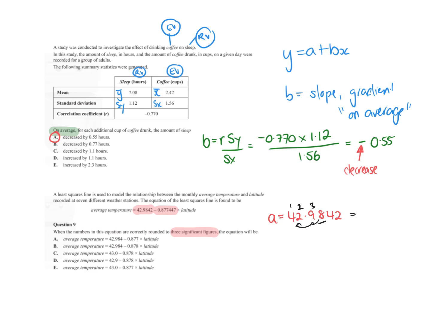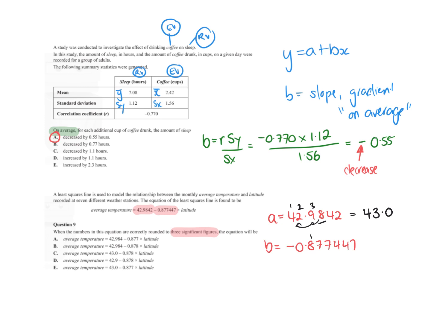So 3 significant figures is actually going to be 43.0. And you would have to have the 0 there. If this was a short answer, because it said 3 significant figures, you'd have to have the 0. Then we have to do the B value to 3 significant figures as well. This one's pretty easy because there's no rounding up.